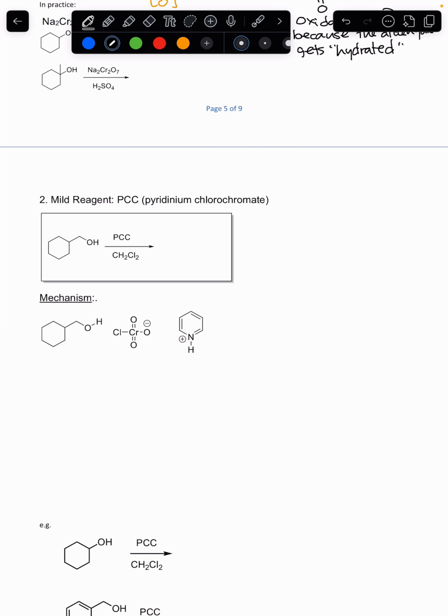But other examples you might encounter include Swern oxidation, or Swern reagents, or Dess-Martin periodinane.